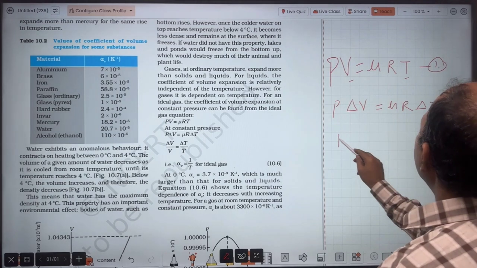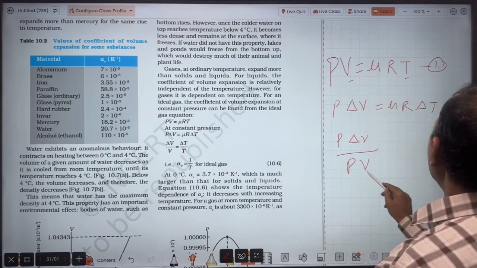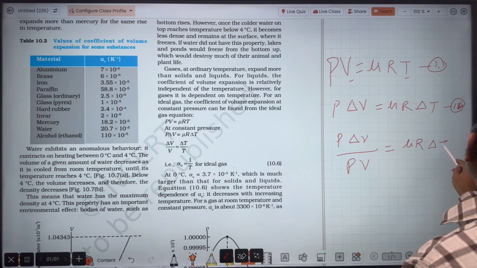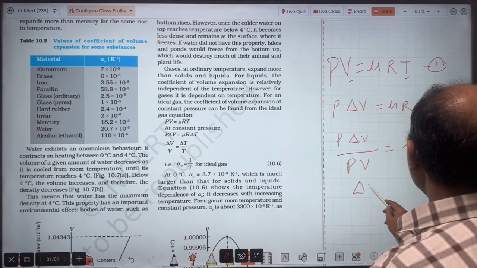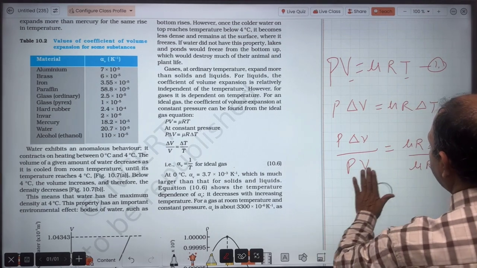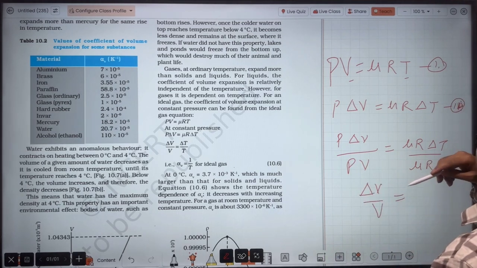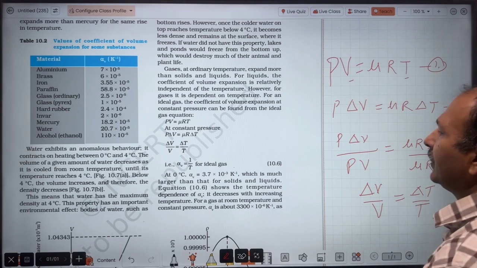If we divide the two, P delta V divided by PV is equal to mu R delta T divided by mu RT. So what do you get? Delta V upon V is equal to delta T upon T, right?